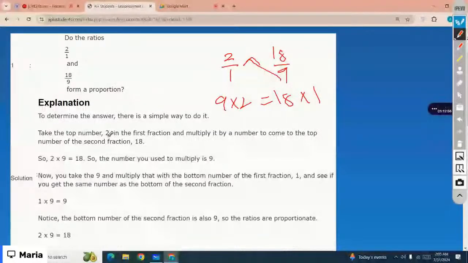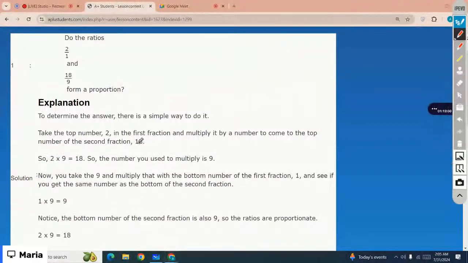Okay, if you start with 2 by 1, you multiply it by a specific number and you can get the other fraction.